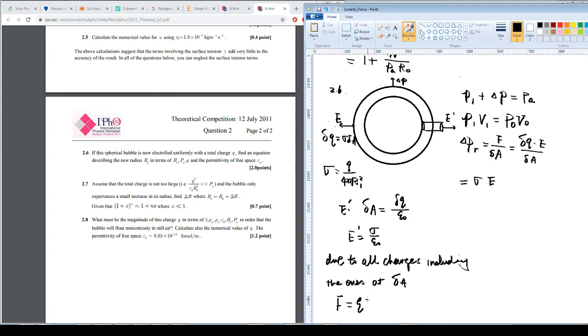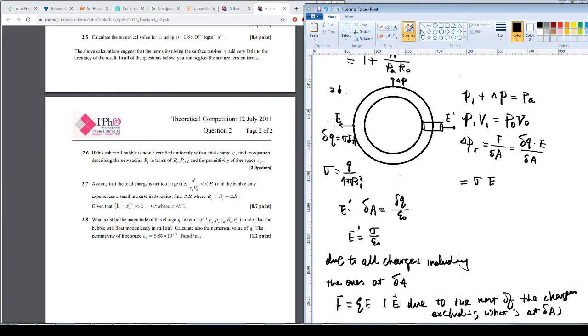What I use in F equals QE is the E field due to the rest of the charges, exactly. The rest, excluding what is at delta A.